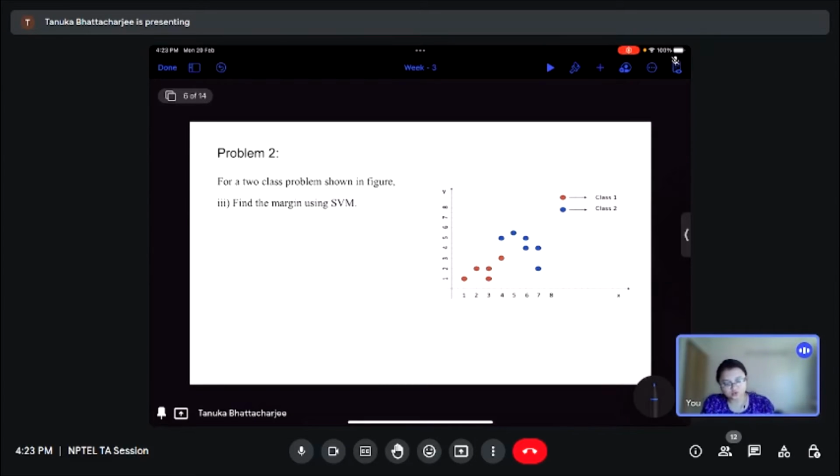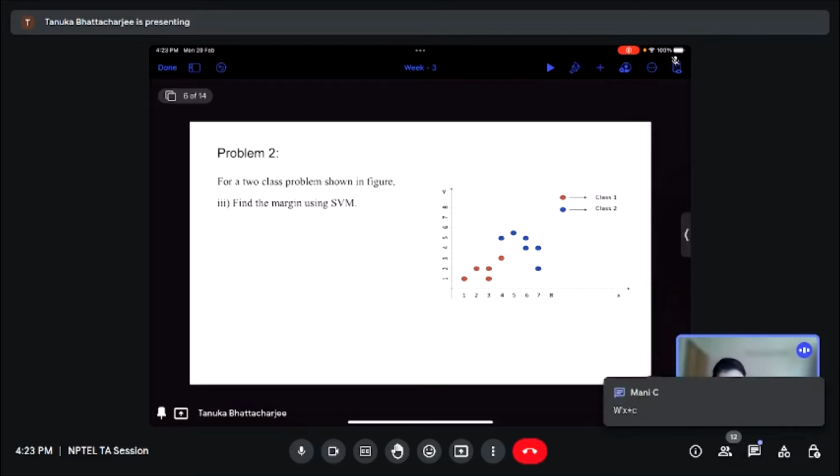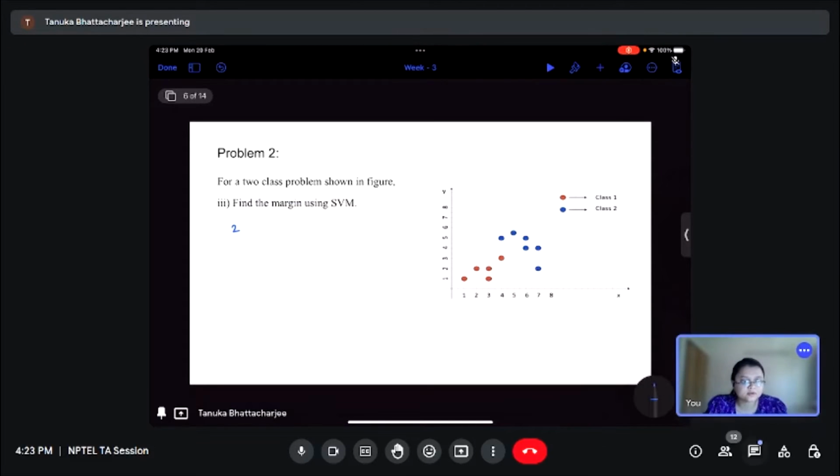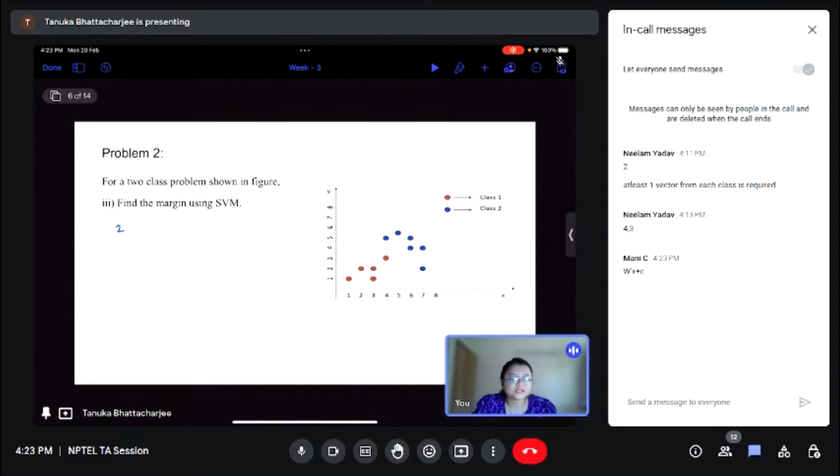Okay, you can go through the class lecture once more, or I'll explain. Mani is saying W transpose X plus C. Mani, that is not the margin. By margin I mean, you have this boundary, you have this boundary, and you have this decision surface.